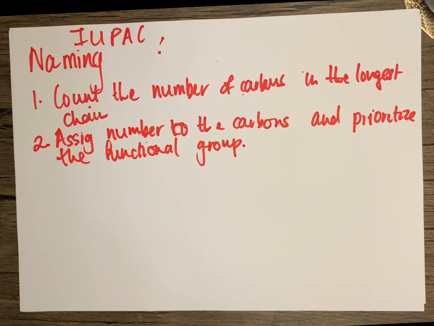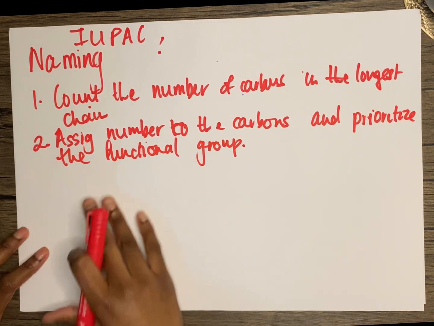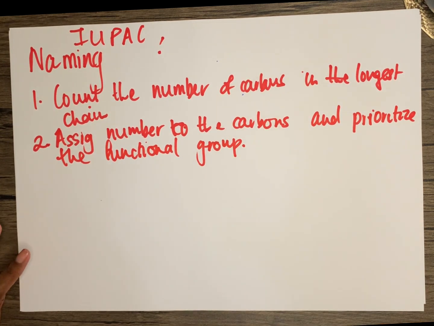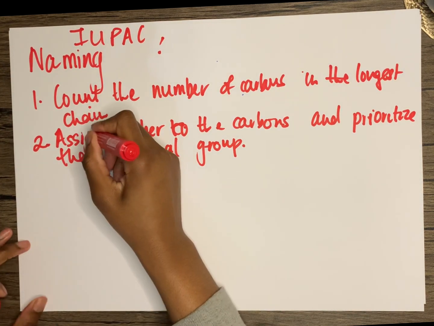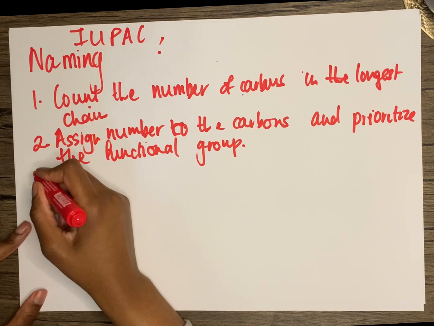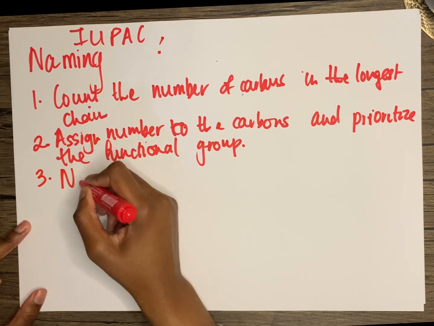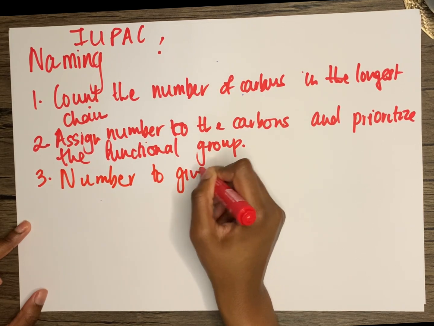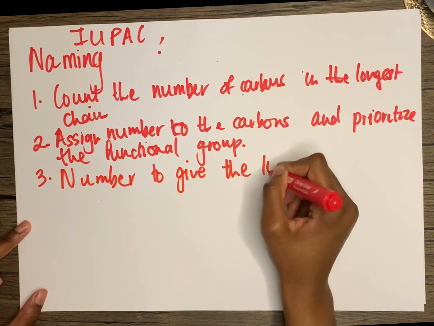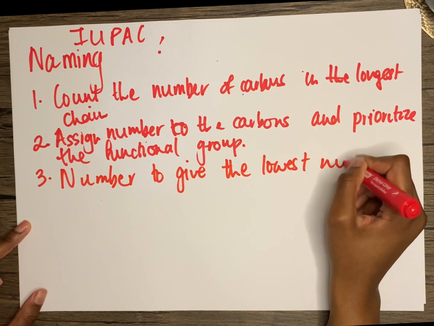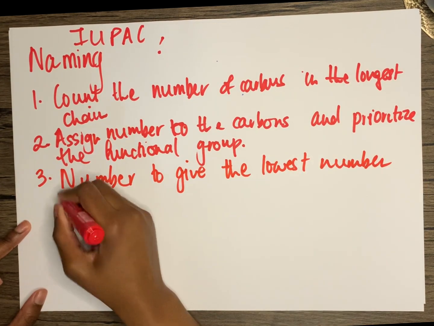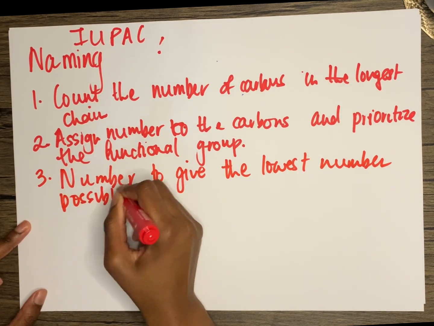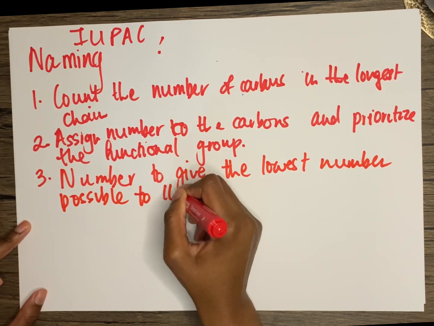So when you are now numbering, you have to prioritize the functional group over any other substituents, which we're still going to talk about. So you have to prioritize the functional group. And then number to give the lowest number possible to the substituents.